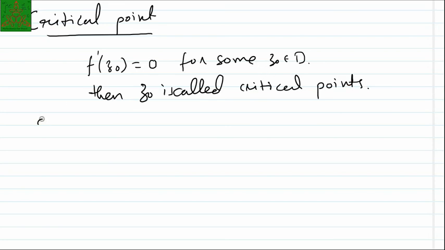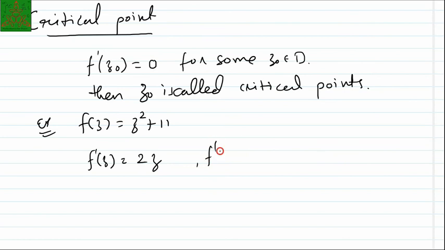For example, if I have the function f of z equal to z square plus 11, what are the conformal points of this function? You just need to calculate f dash of z, which is 2z. And f dash of z equal to 0 implies that z is equal to 0. Hence z equal to 0 is the critical point.